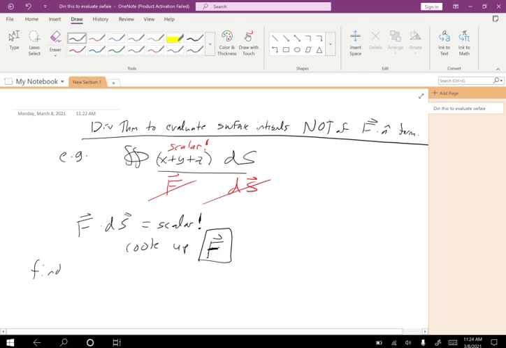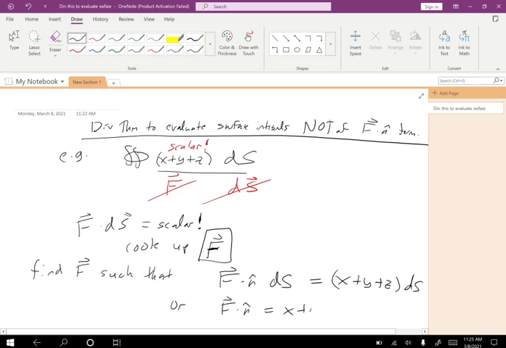So our problem now is to find f such that f dot n ds is equal to x plus y plus z ds. So in other words, f dot n is equal to x plus y plus z.